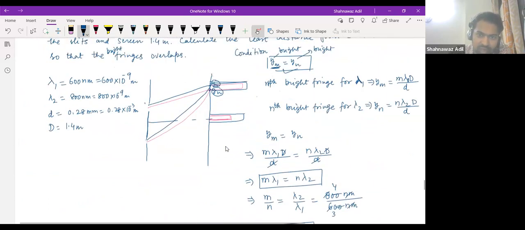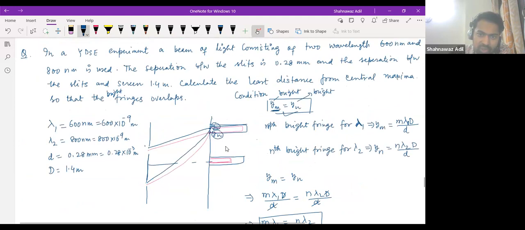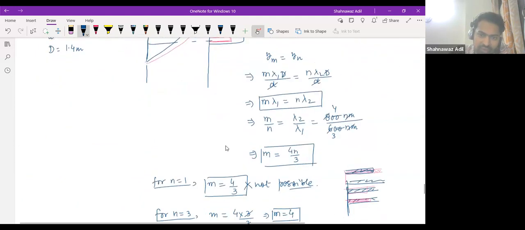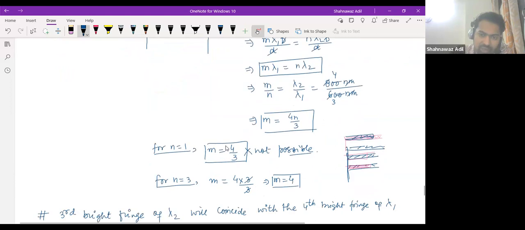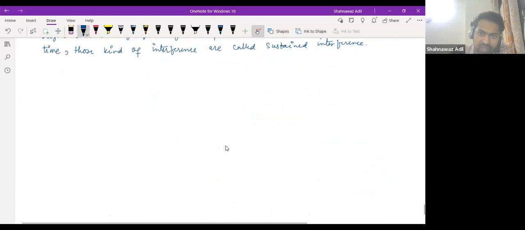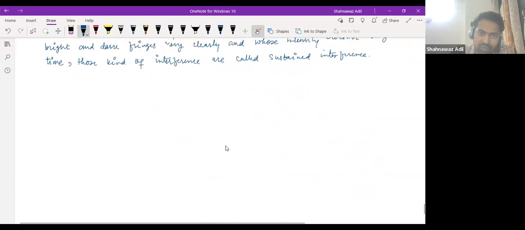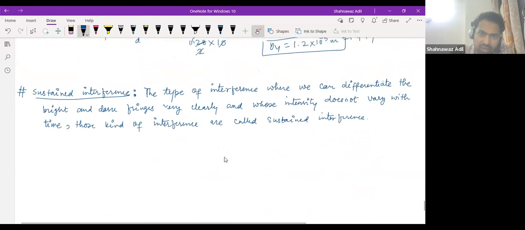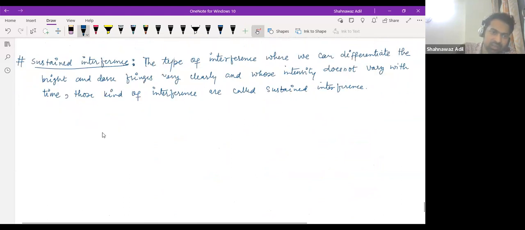So for what kind of waves have we taken the superposition? Or what kind of sources have we considered? What kind of waves or sources have we considered for the interference?